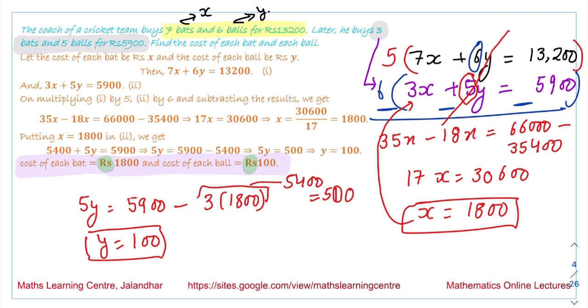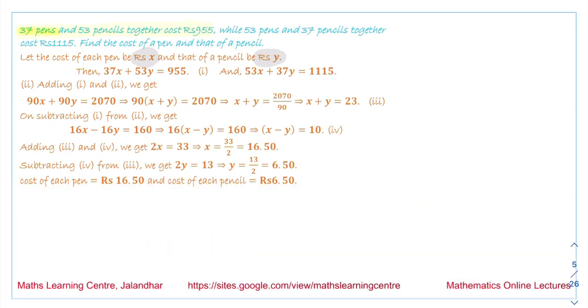Next is 37 pens and 53 pencils. They together cost 955 rupees. And 53 pens and 37 pencils, they together cost rupees 1115.